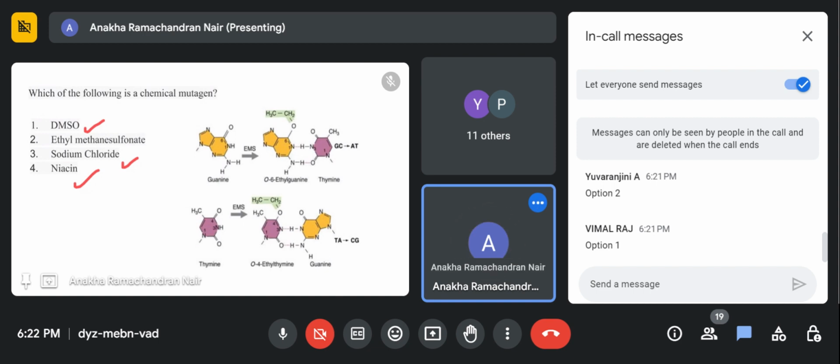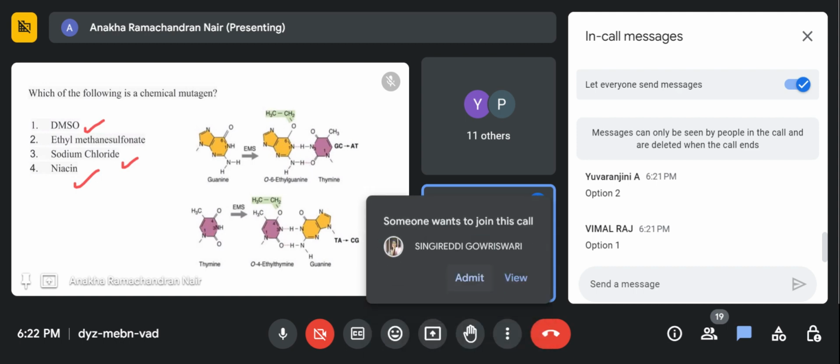DMSO, if you see a lot of procedures where you have to make extracts, right? A lot of them will show you that DMSO is being used. You don't know what the extract can interact with or form any chemical reactions with. So most of the time, not even water you use to make extract specifically.